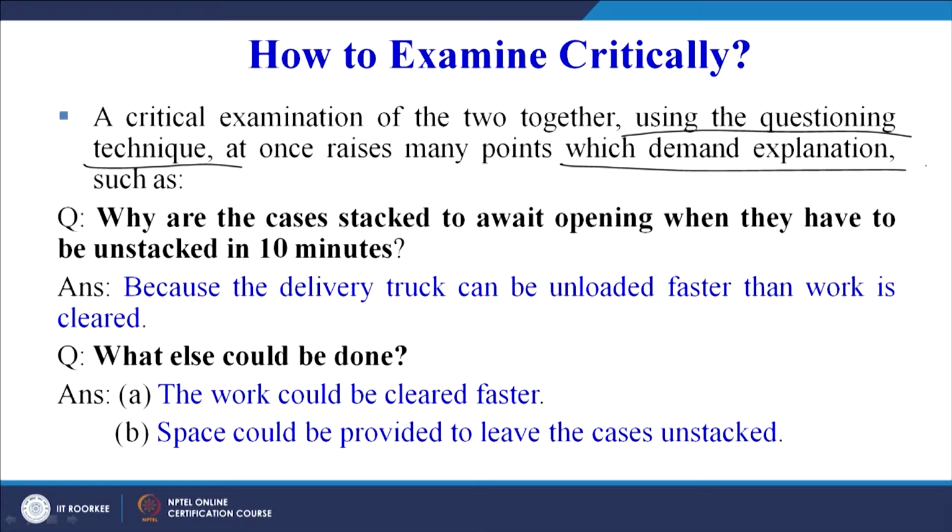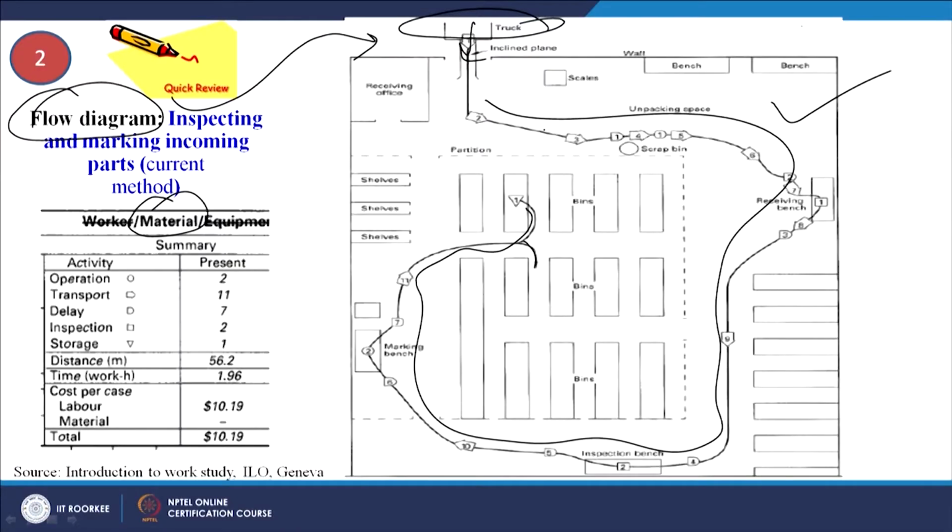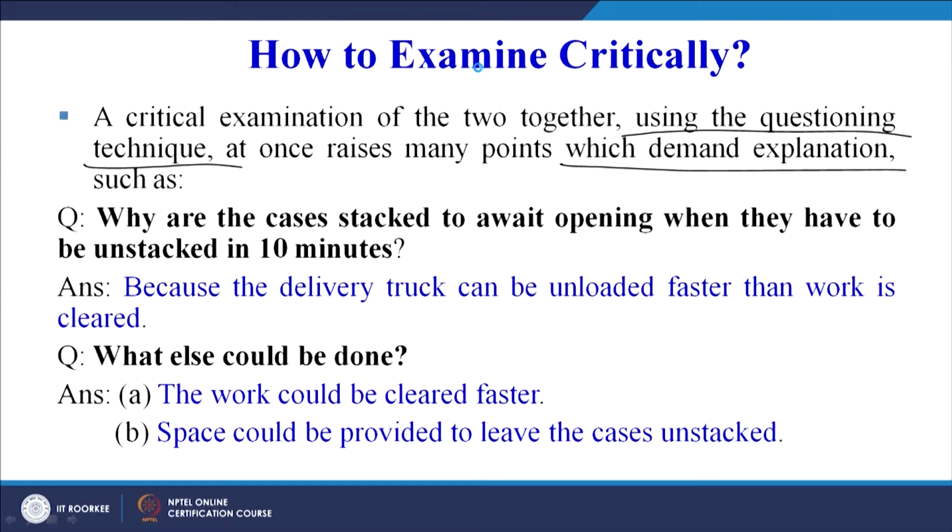minutes? So from the truck, if we go back, we can see the truck here, the cases are coming, this is the unpacking space here, they are stacked here for further movement inside. The question asked is why are the cases stacked to await opening when they have to be unstacked in 10 minutes?